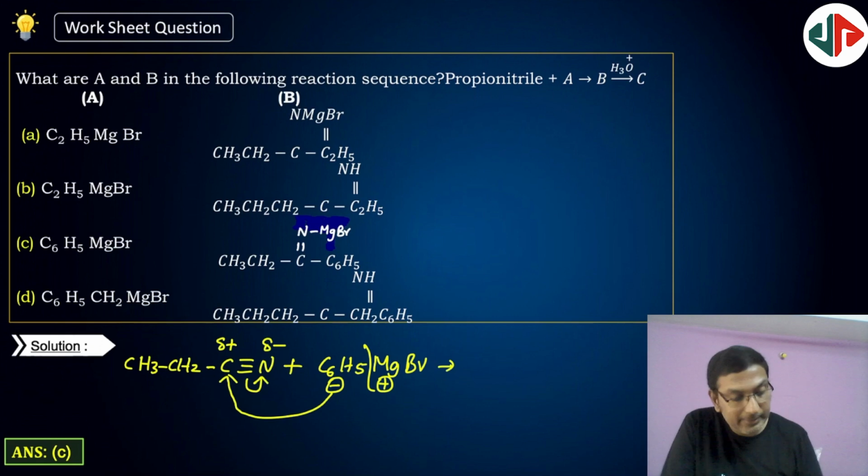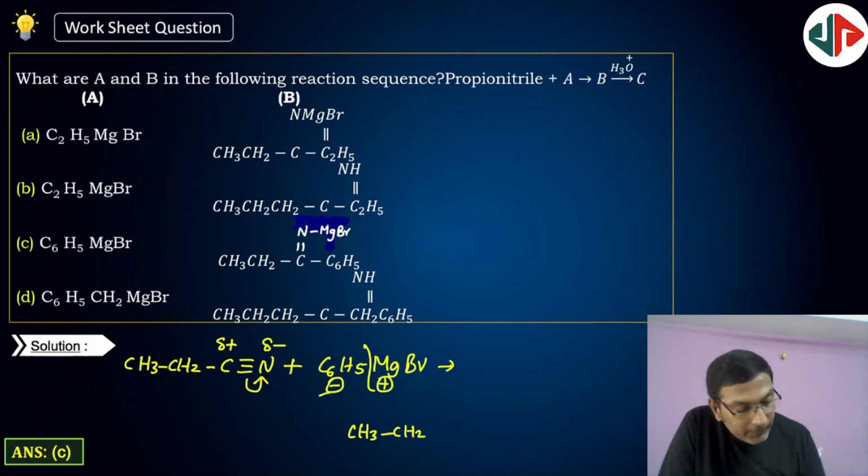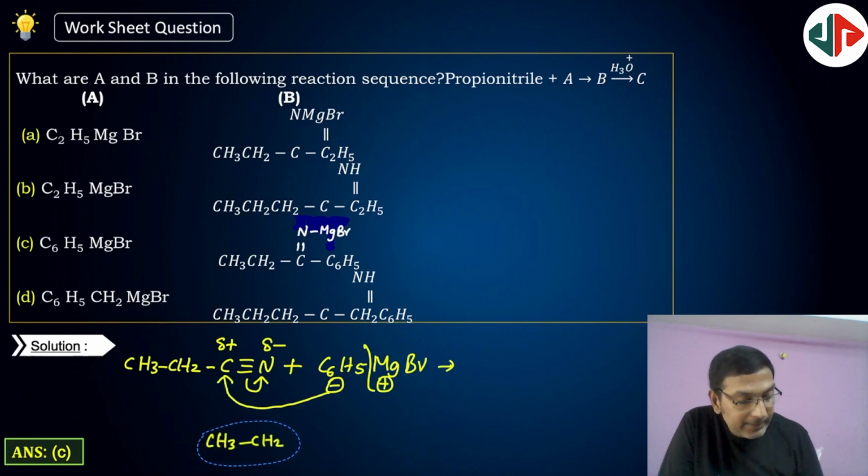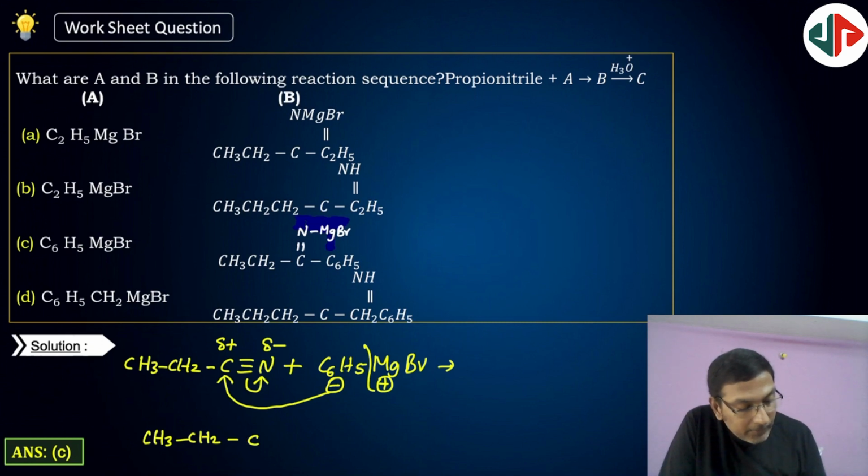So first it gives CH3CH2, so I will write here minus attacks here. Nucleophilic addition. CH3CH2, next C, for here C6H5, double bond N, MgBr. So which one hydrolysis gives?